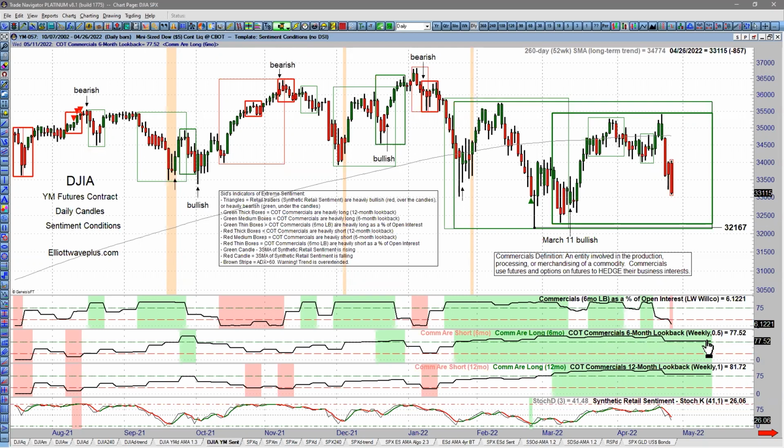And it compares it with the most bullish and most bearish positioning of the commercials over the last 6 months, and shows you where they would be on that scale. This indicator down here is identically the same, except it is a 12-month look back, so it is a slower acting look back.